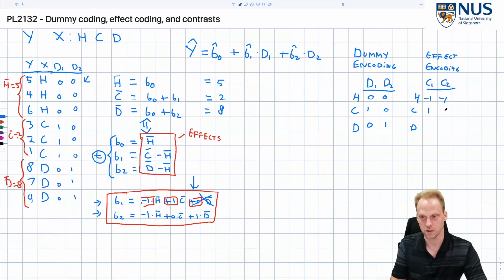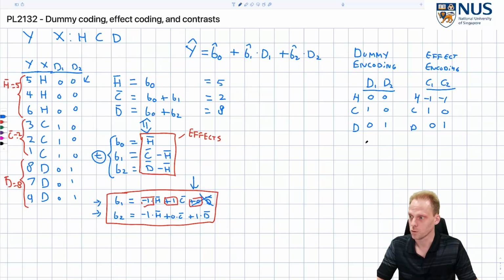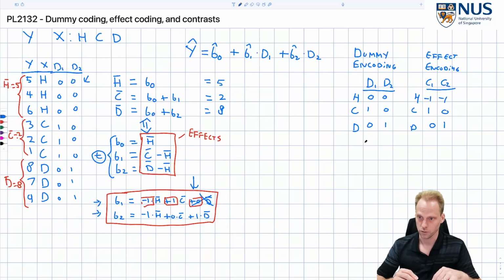So that leads to a 0 here. And in the second beta or b value we have -1, 0, and 1. And a 0 here. I actually realize now that I should have drawn the 0 earlier here, and this is the 0 I should have drawn now. All right. These are what we call effects and the contrast.